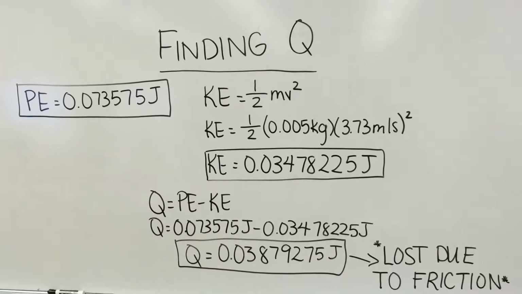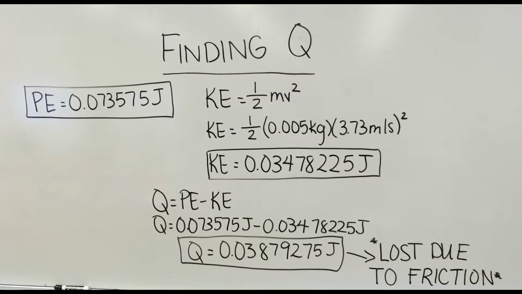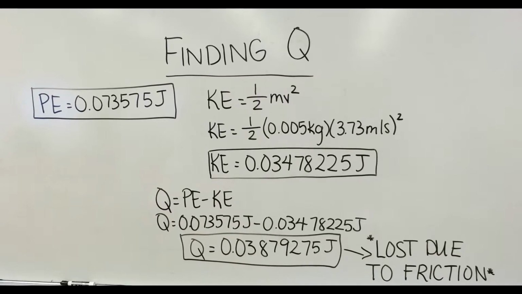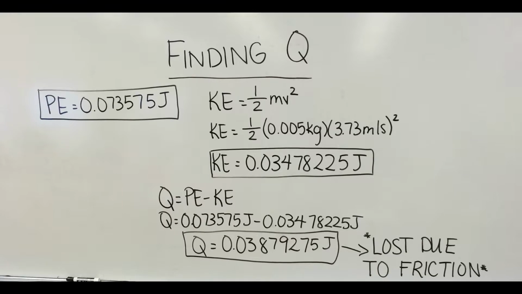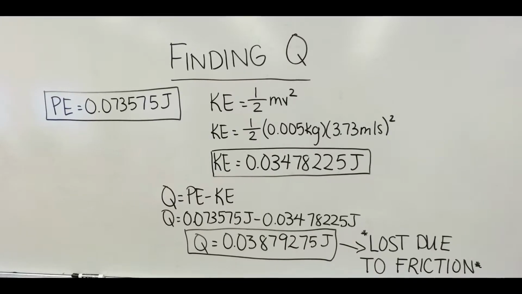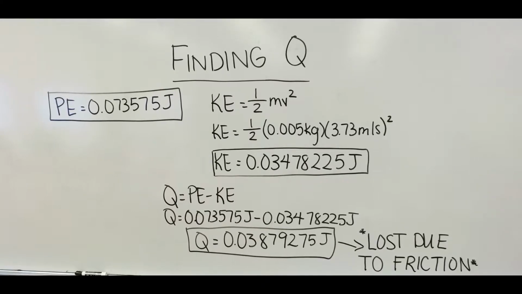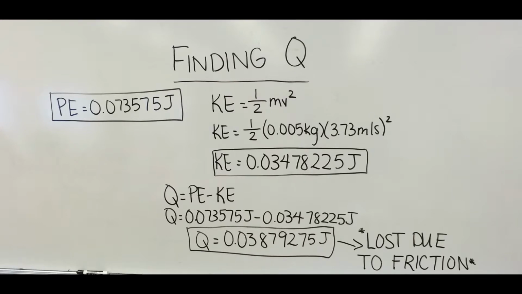We use the equation total energy equals Q plus potential energy plus kinetic energy to derive the equation we use, Q equals potential energy minus kinetic energy. When we plug in our potential energy and our kinetic energy values, we get a Q of 0.038799275 joules. This value is the heat lost due to friction at the bottom of the first hill.